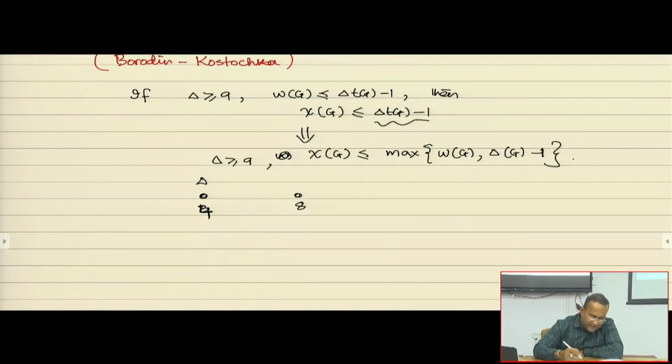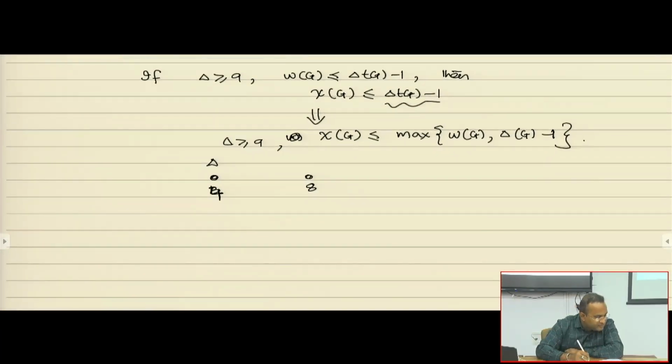So that is our next question. Find graphs with delta G less than or equal to 8.